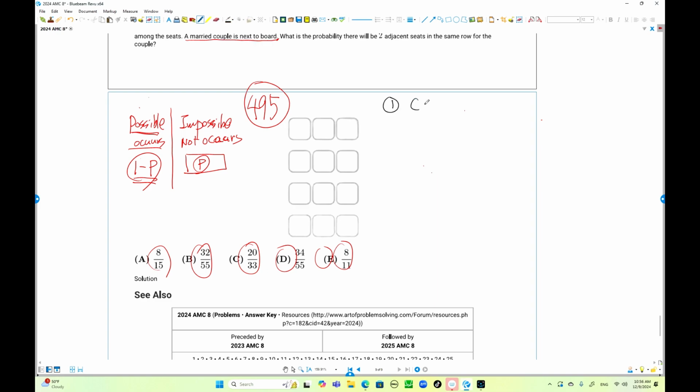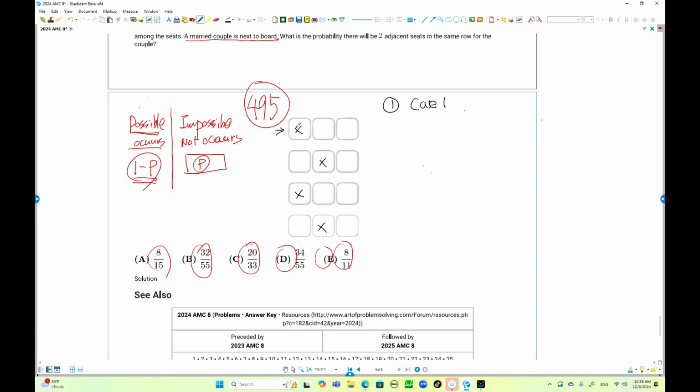Case 1: they are all in separate rows, so each row has only one empty seat. The couples cannot be sitting next to each other.